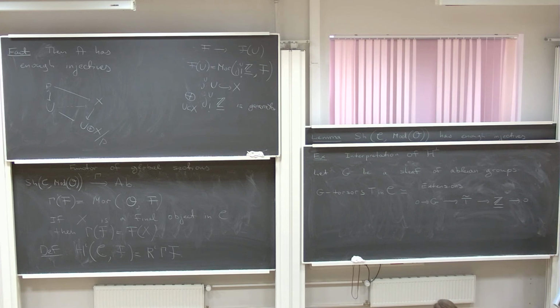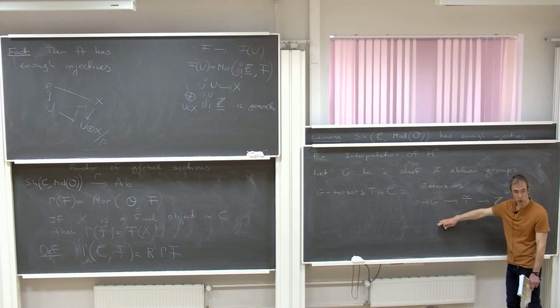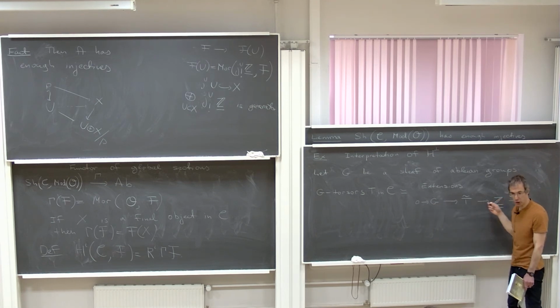We discard all non-isomorphisms. So morphisms between extensions are morphisms between short exact sequences which are identity on G and on Z.